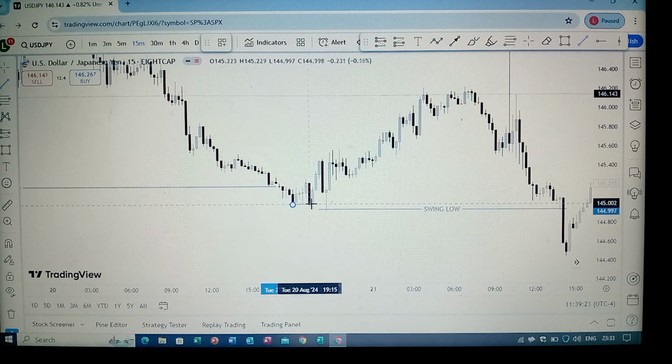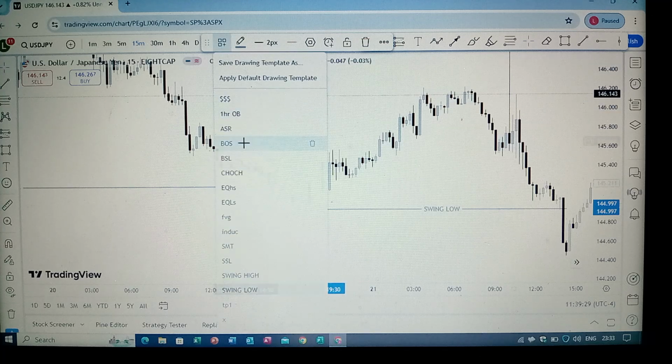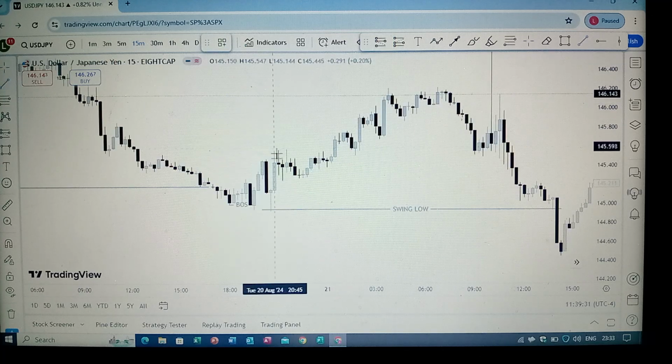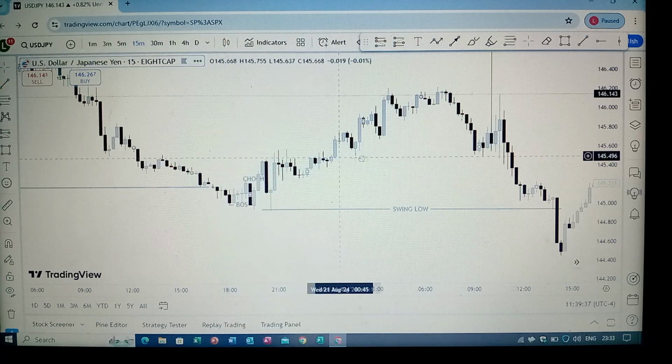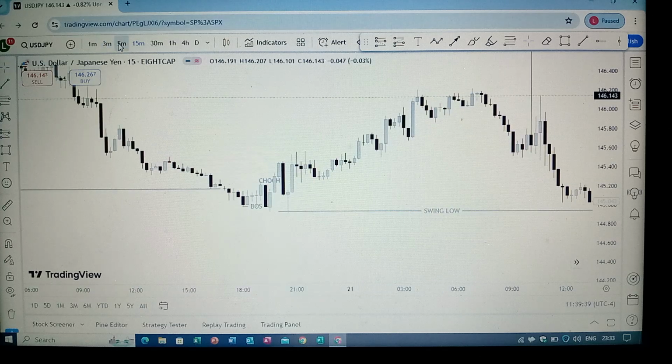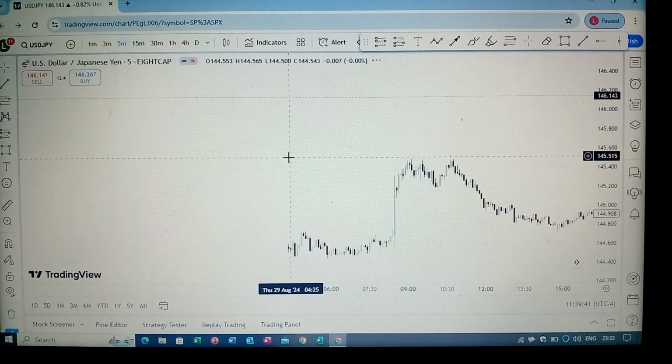We broke structure here. I won't drop down to the 1 minute time frame, guys, but like here. So on the 1 minute time frame, we broke structure and we changed character from this high, right? Change of character.